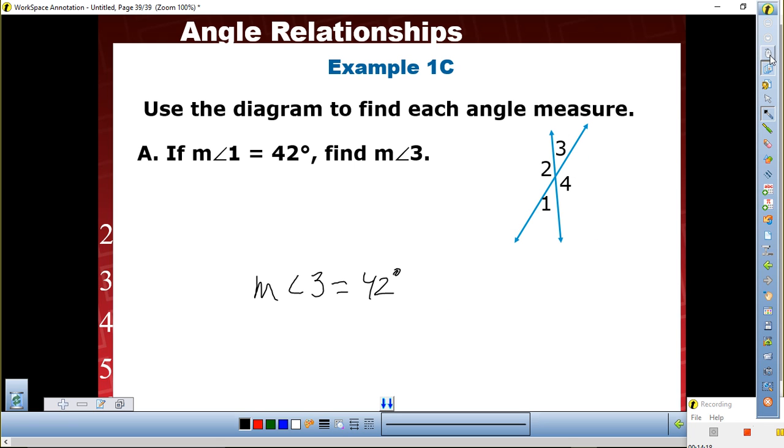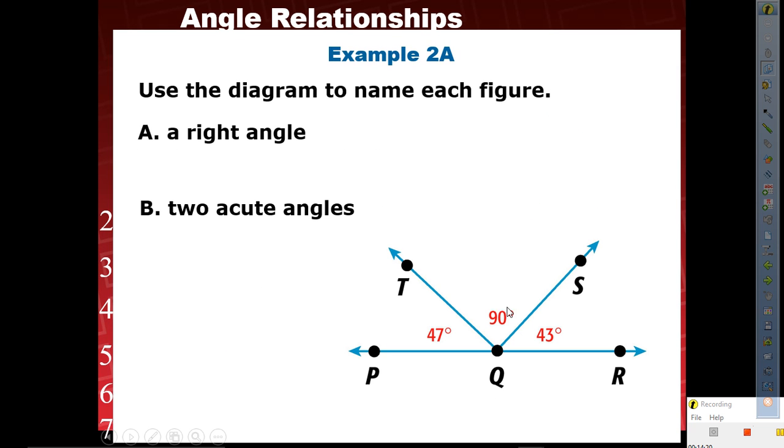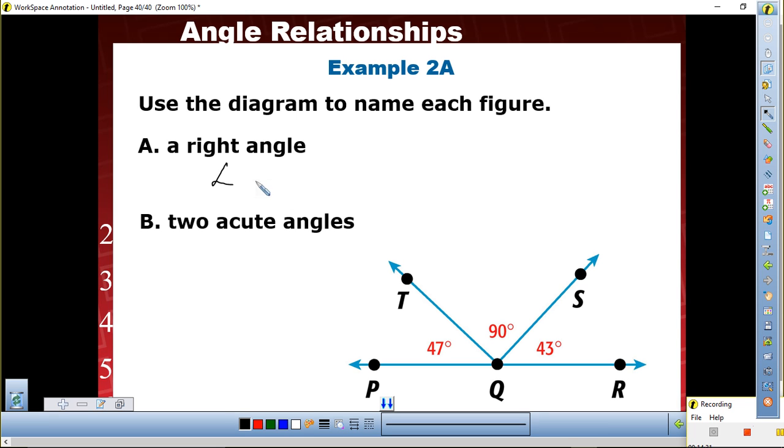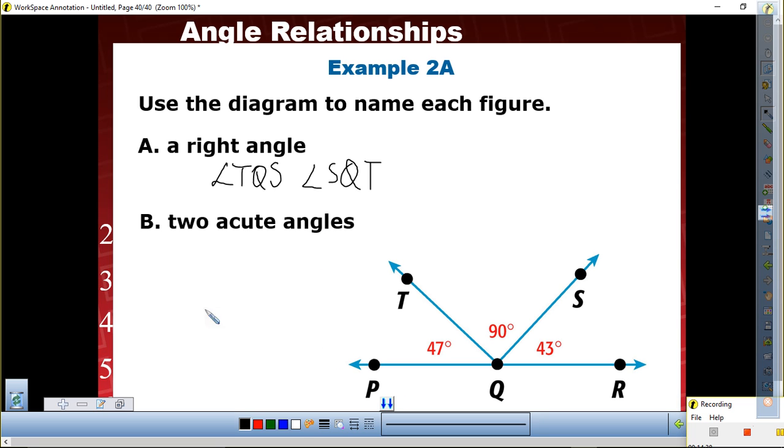All right. So before I give you the last piece, look up. You don't have to copy this. Look up. A right angle. Angle what? Everyone. TQS or angle SQT, okay? Acute angles are angles that are less than 90 degrees, so you would tell me angle PQT and angle SQR or RQS.